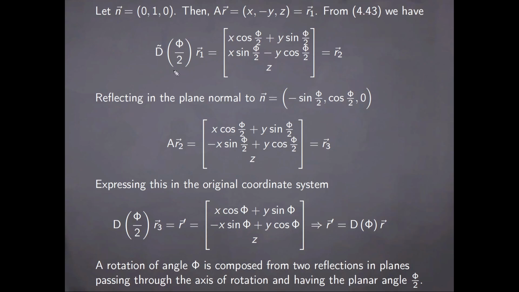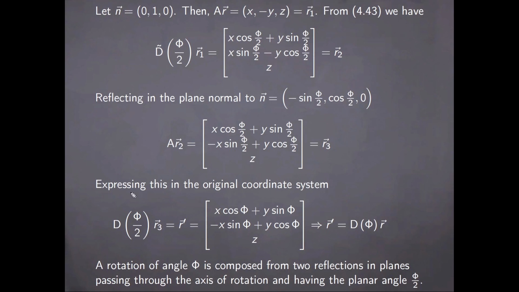Now, this rotation has defined a new y-axis, which we will consider to be our new normal, having the components here with respect to the original basis, and we can reflect the vector R2 once again along this direction to obtain the vector R3 having these components.